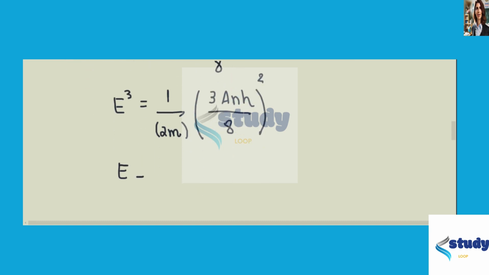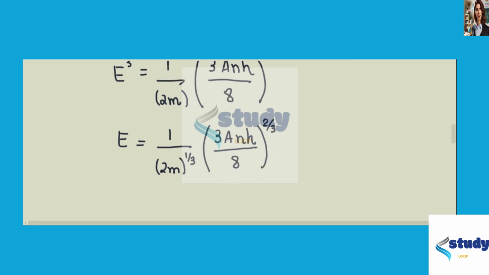So E is equal to 1 over 2m to the 1/3 times 3Anh divided by 8 to the 2/3. Now notice that 1 over 2m to the 1/3 is equal to 2m to the 2/3 divided by 2m.